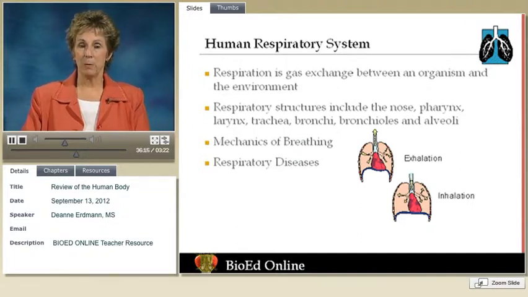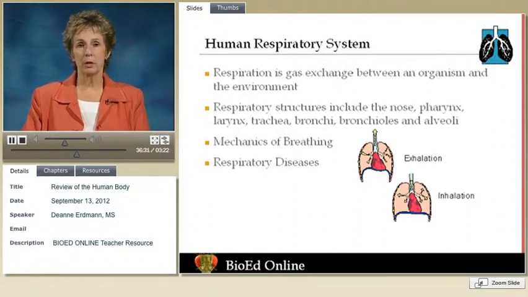This is another place that you might want to review and go back and talk about cellular respiration and that process. But we're going to look at the respiratory process of just getting the oxygen into the body and the carbon dioxide out.